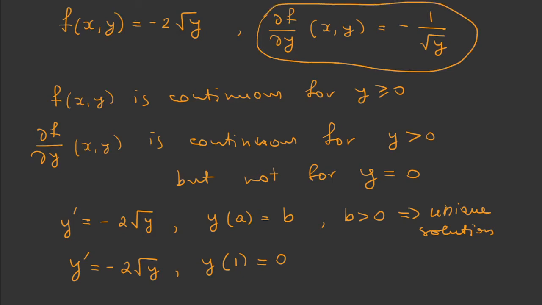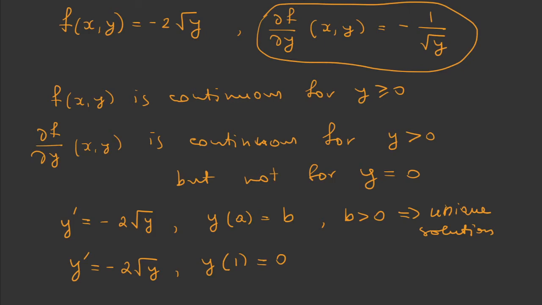Now note that the fact that the existence and uniqueness theorem is not applicable means simply that we cannot make any conclusion. We cannot conclude that this initial value problem has infinitely many solutions. We cannot conclude that it has a unique solution. We simply don't know.